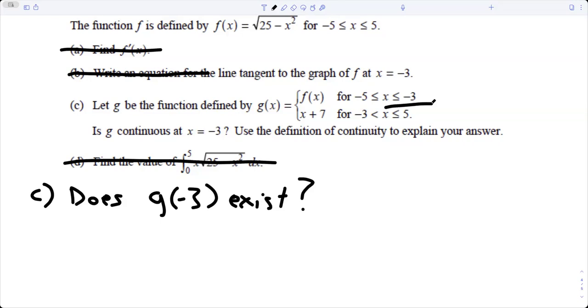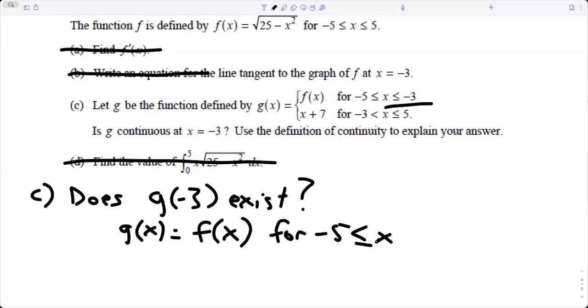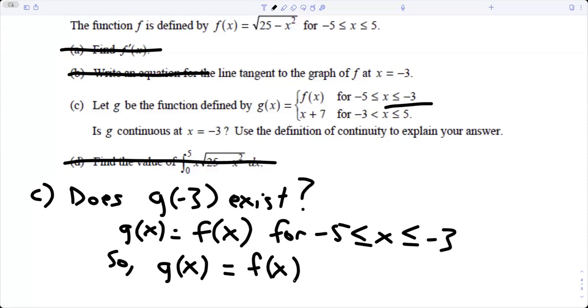So I know that G of x equals f of x for x between -5 and -3. And how is f of x defined?